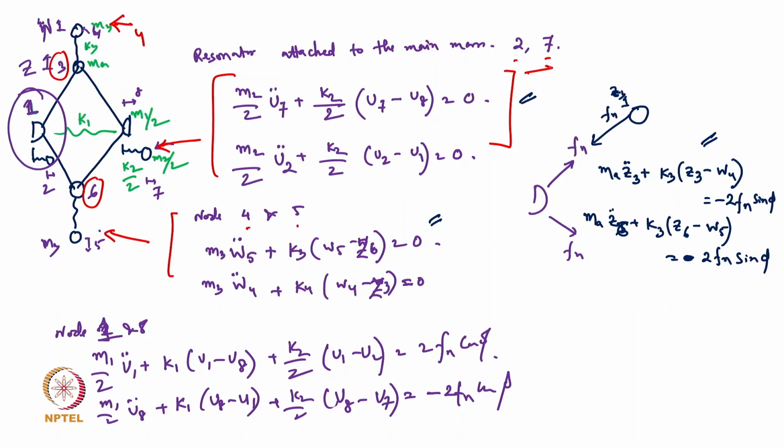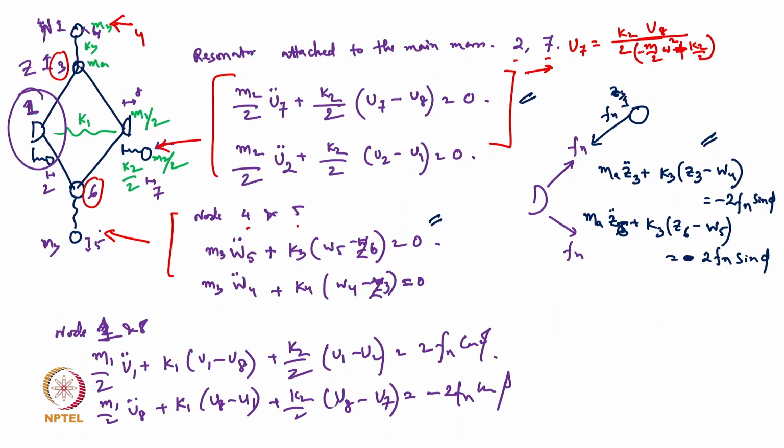We can write U7 should be equal to K2 by 2 into U8 divided by M2 by 2 omega square, not plus, minus K2 by 2.